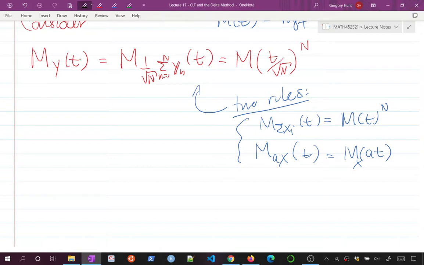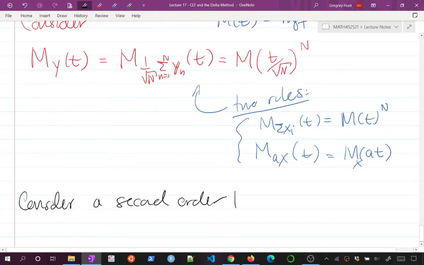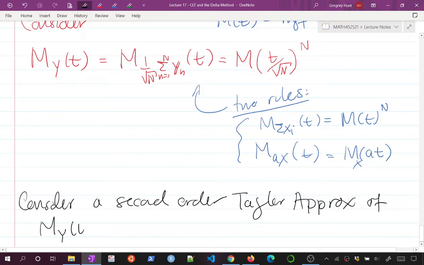Okay. So now we're at the part where we want to bring in the Taylor approximation. So let's consider a Taylor approximation of this moment generating function. Consider a second order Taylor approximation, or Taylor polynomial, of M_Y of t at 0.